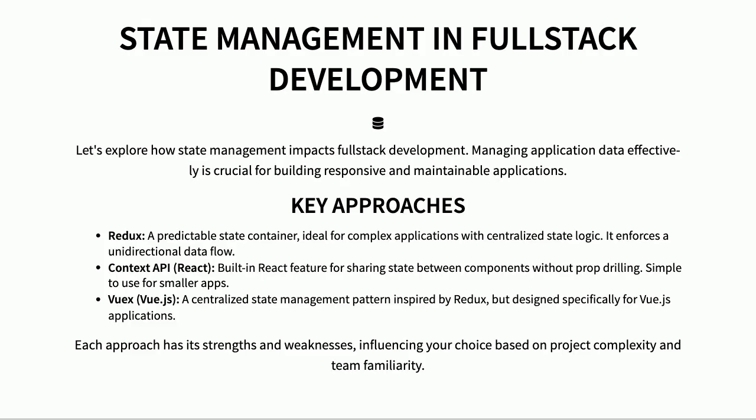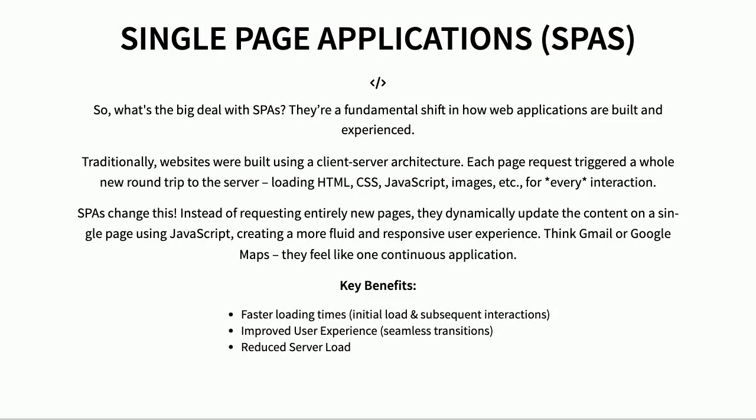Think of it as a convenient way to distribute information. Finally, Vuex is a similar tool, specifically designed for Vue.js applications and often considered easier to learn than Redux if you're already using Vue.